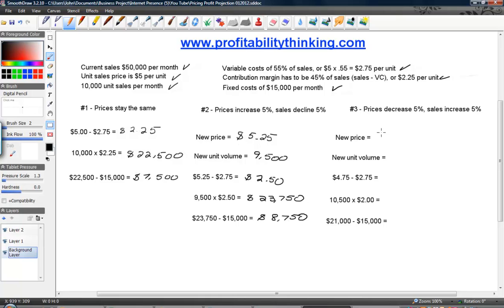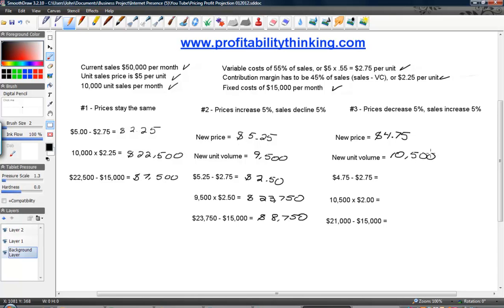So let's take a look at the third alternative. In the third alternative, prices decrease 5% and sales increase 5% as a result. So instead of $5 as the price, a 5% decline means it's now $4.75. Instead of 10,000 units per month, a 5% increase means we're selling 10,500 units per month.